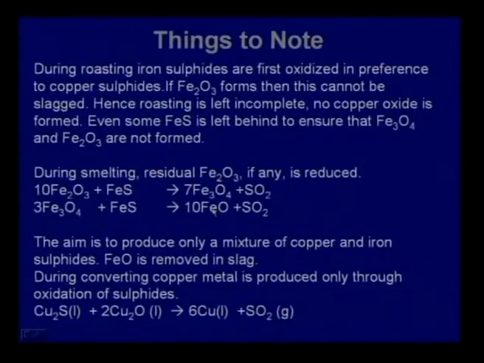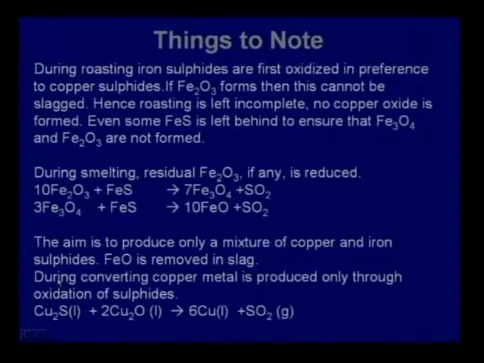So, we want that FeS to play this role also. We must have some FeS so that, if there are higher oxides, they will be reduced to the FeO stage for slagging. So, our aim is to produce only a mixture of copper and iron sulphides. FeO is removed in slag. Then we will go for what is known as converting.